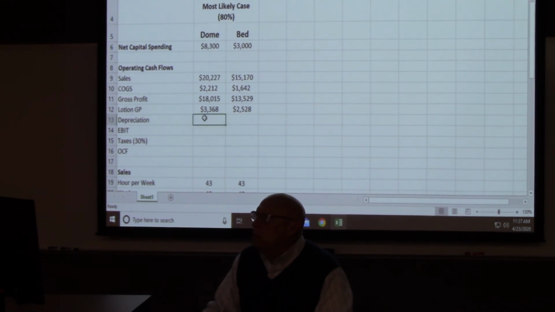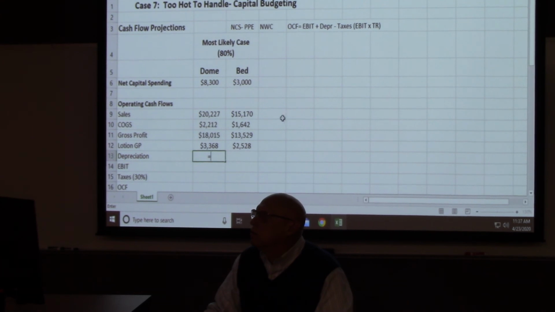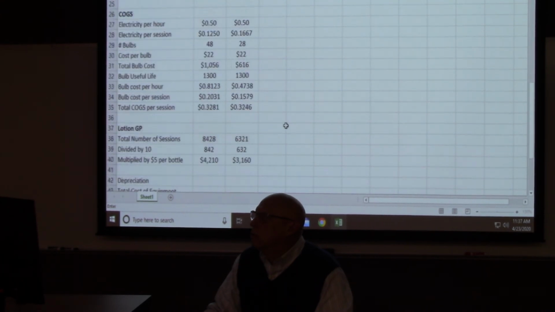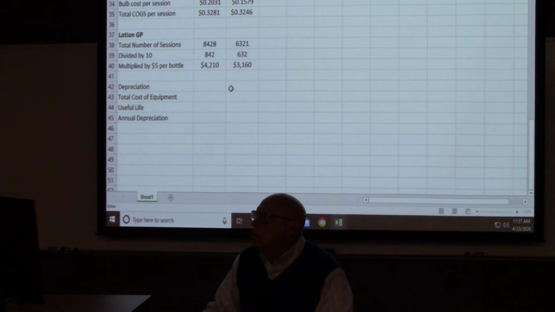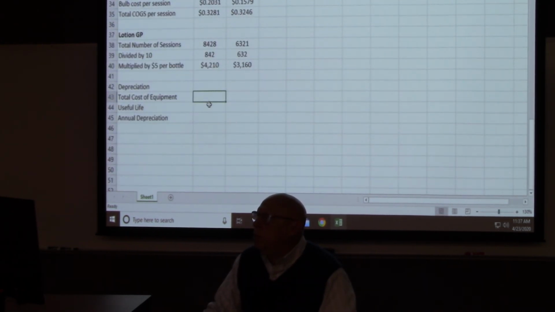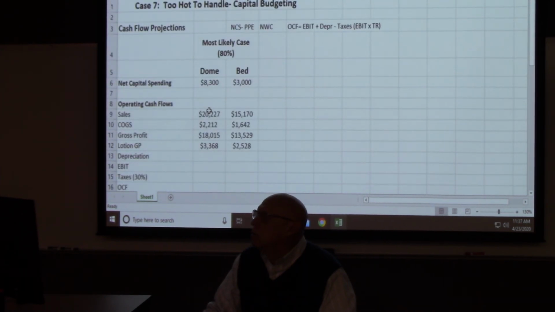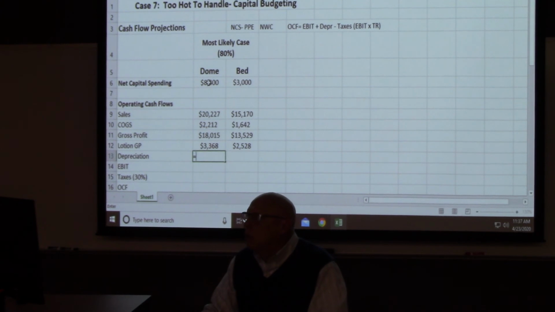Now, our depreciation is equal to our net capital spending. We've got a schedule down here for that. So, total cost of the equipment. Well, it's simple enough. Equals our total cost divided by 8.